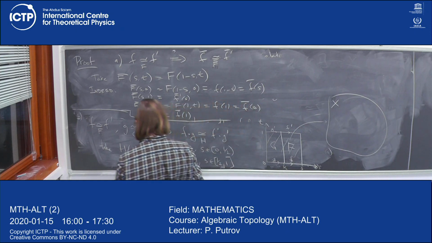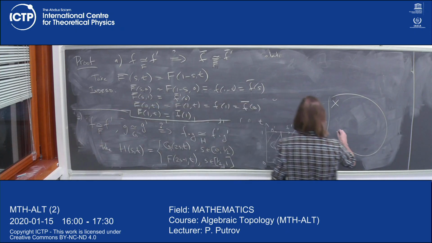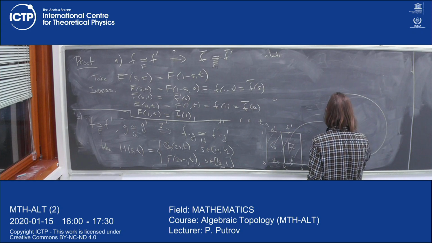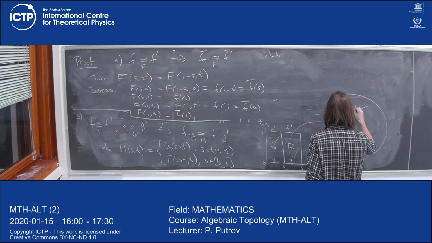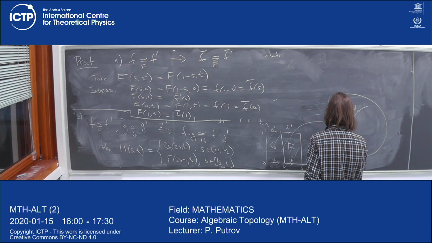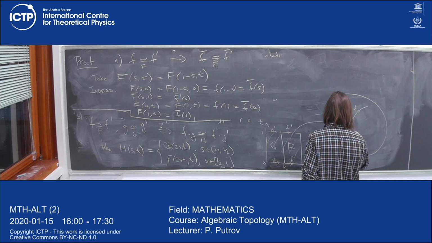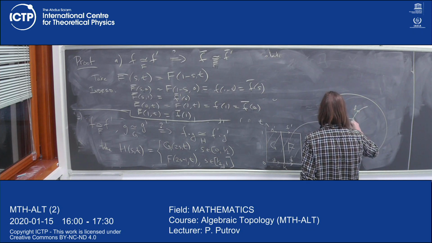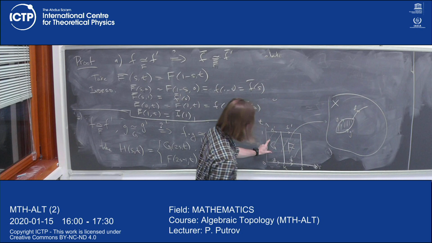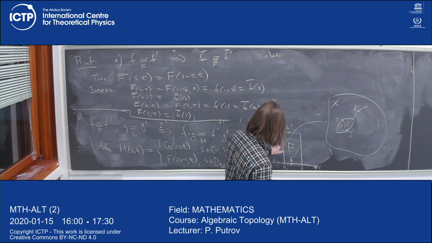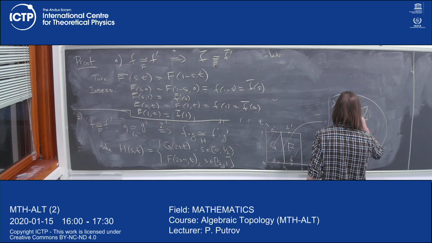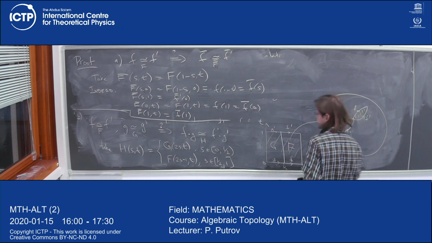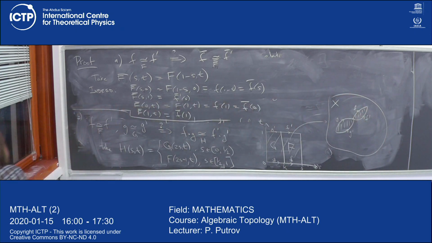And so the image looks something like this. You have g and then f, and there was a homotopy between g and g prime. So this is the image of this rectangle, and there was a homotopy between f and f prime like this.